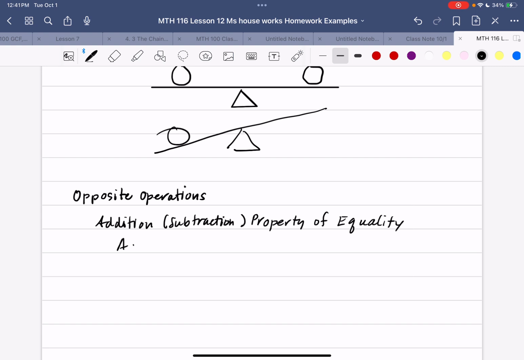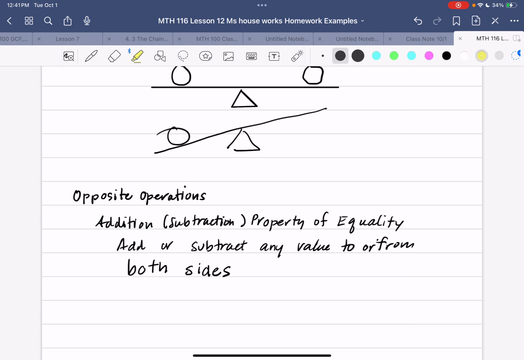So add to or subtract from any value, as long as it's both sides. Okay, that's what's critical. You can't just do it to one side. You'll be out of balance if you do.